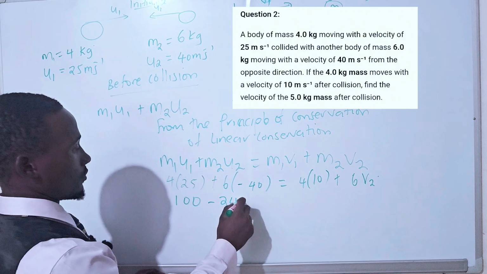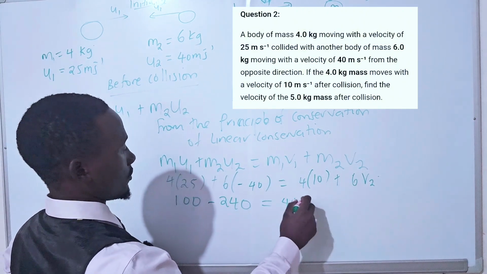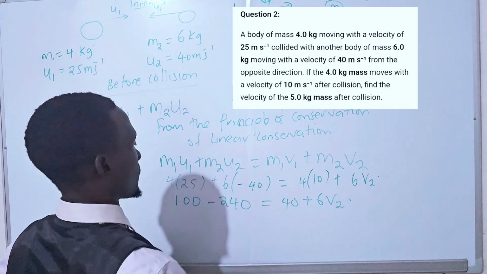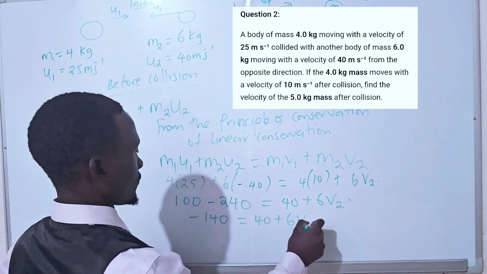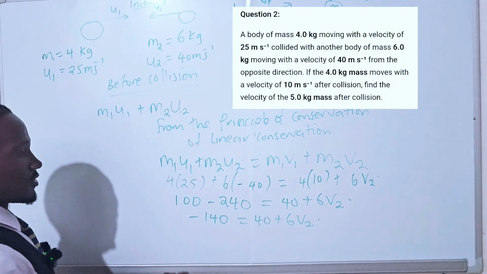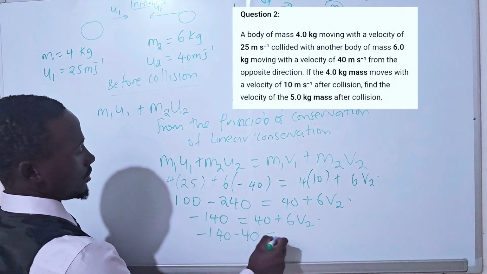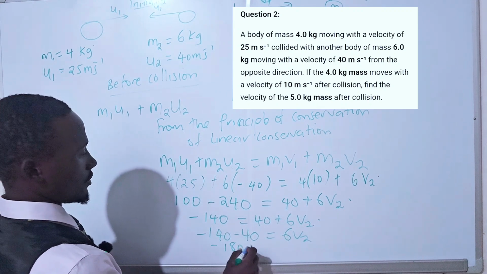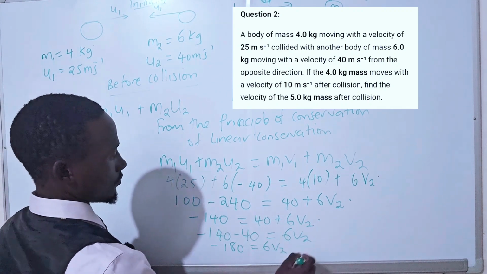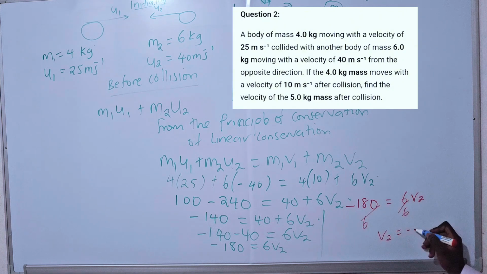This is equal to 40 plus 6 V2. So we take this 40 this side, it's going to be negative 40 minus 40 is equal to 6 V2. This will be negative 180 is equal to 6 V2 by 6. You're going to have your V2 as negative 30 meters per second.